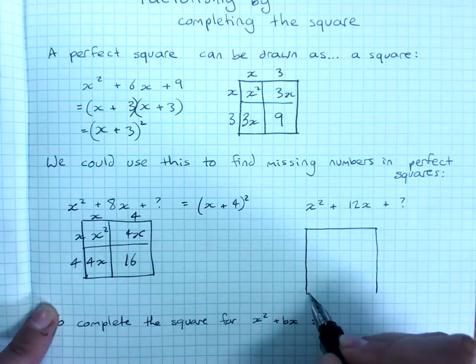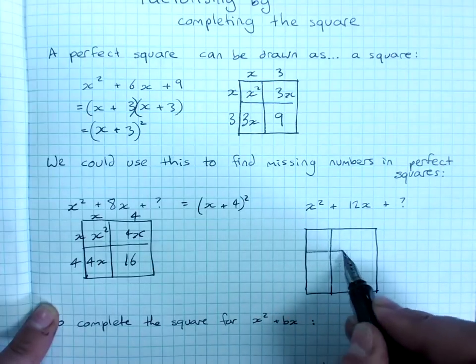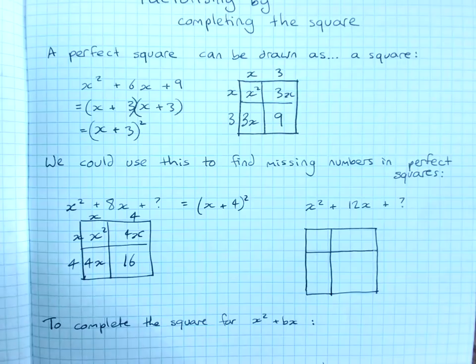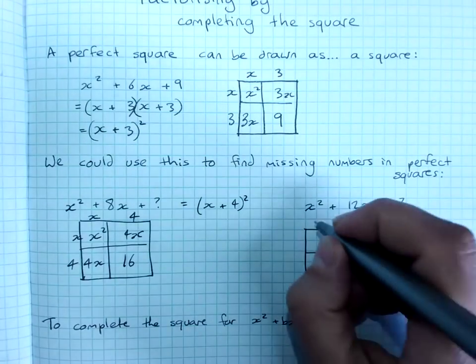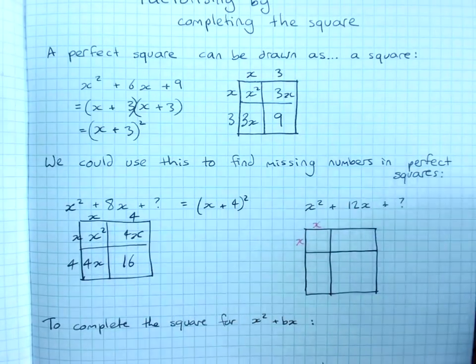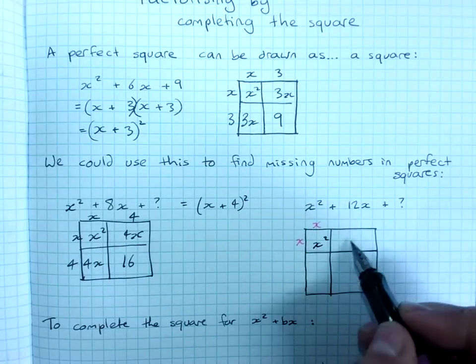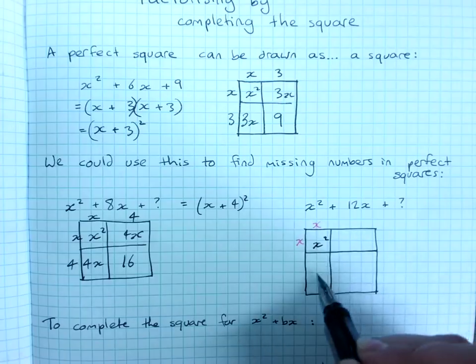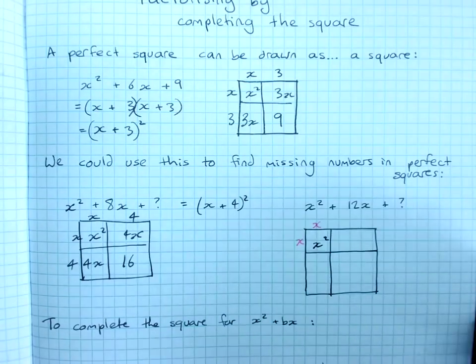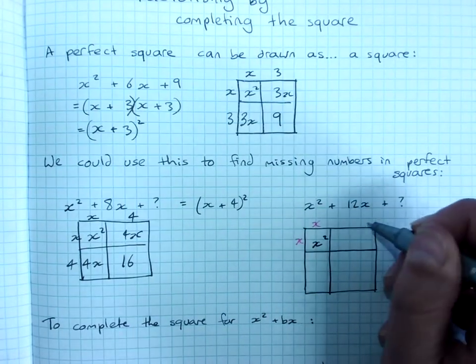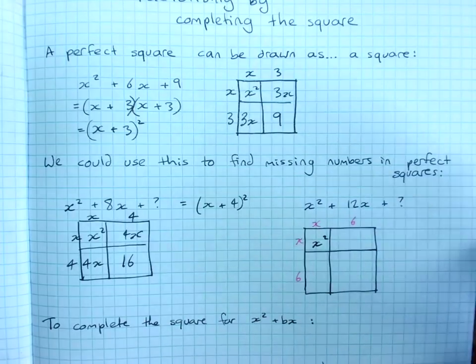If I drew this little square here, then I know that this has to be an x at the start of each expression to give me x squared. 12x has to come from these two, which is going to have to be 6 and 6.